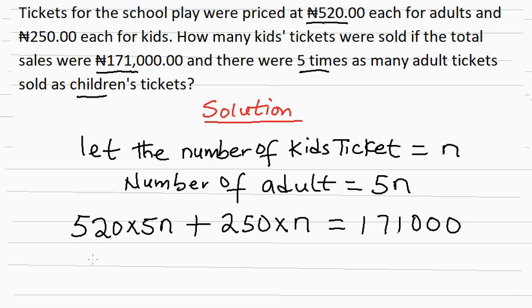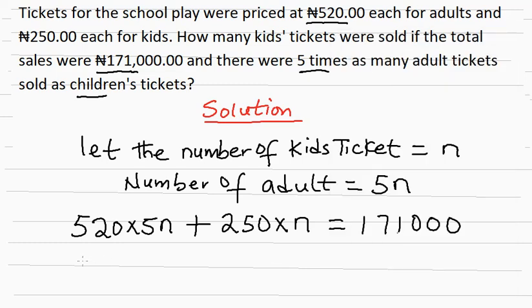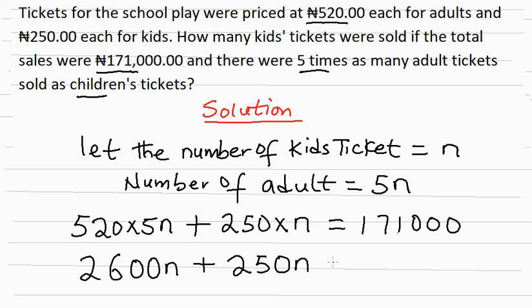All right, so let's do this multiplication. We're going to do 520 times 5, so 2600n. Then plus 250n, and this is going to be equal to 171,000.